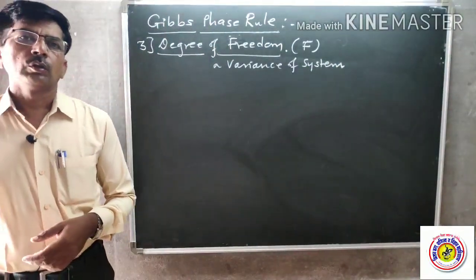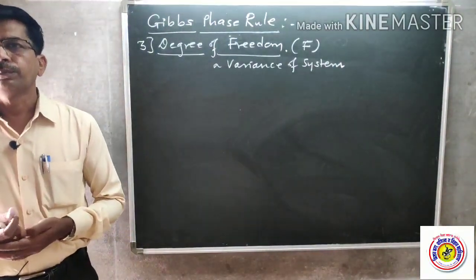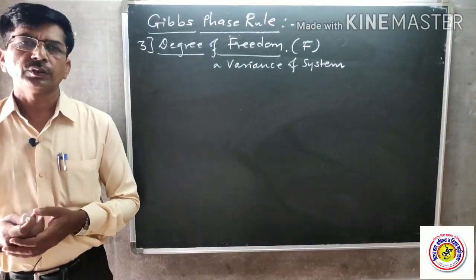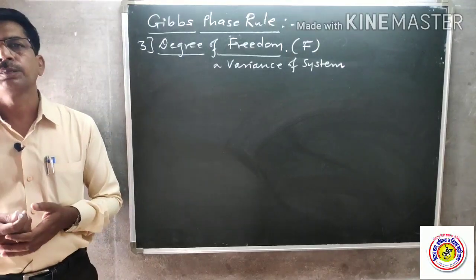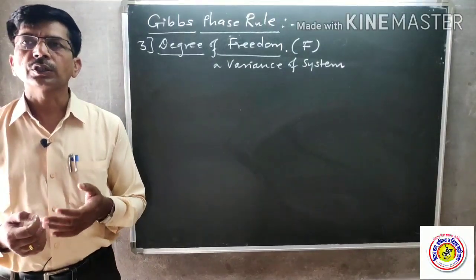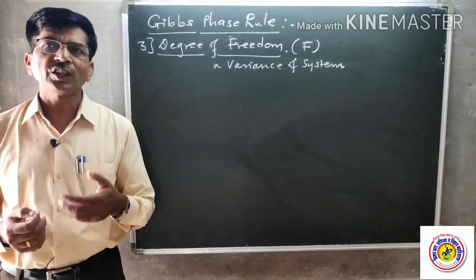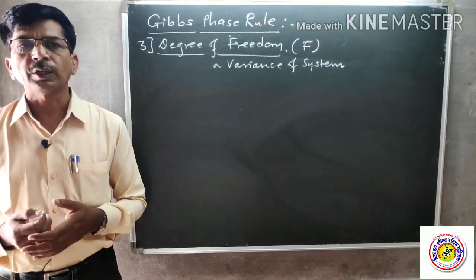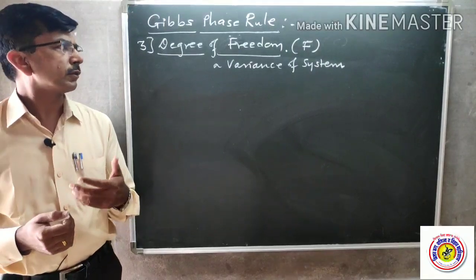Now, what is the degree of freedom? These are nothing but the minimum number of independent variables like temperature, pressure, concentration, which must be fixed in order to define the system at equilibrium. We call it degree of freedom.